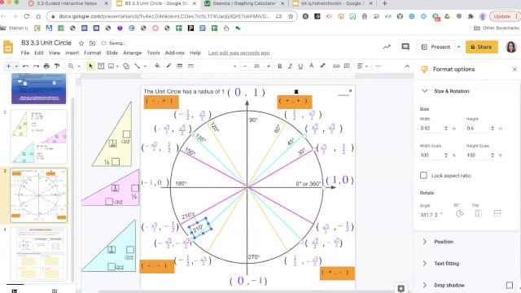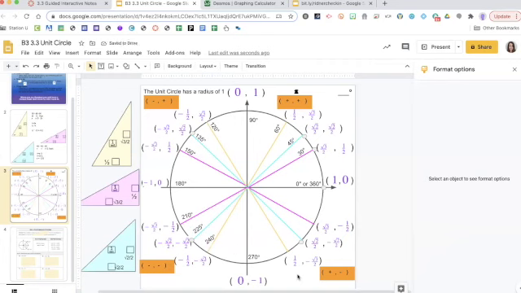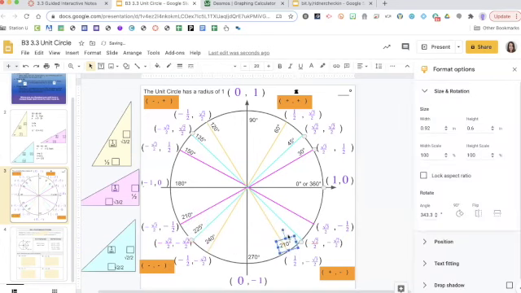45 degrees past 180. So 180 plus 45 is 225. 30 degrees shy of 270 is 240. 30 degrees past 270 is 300.